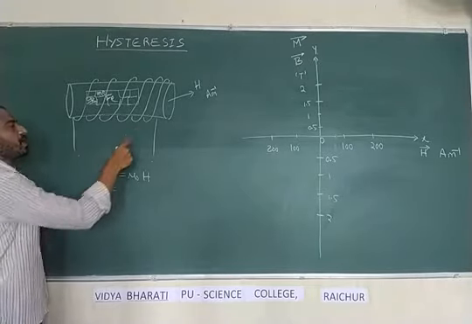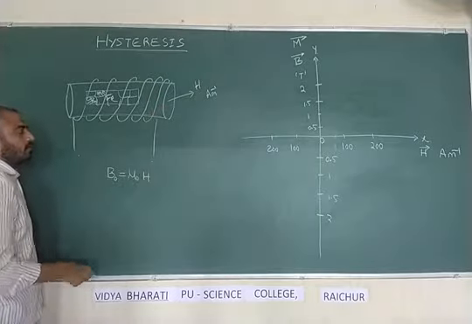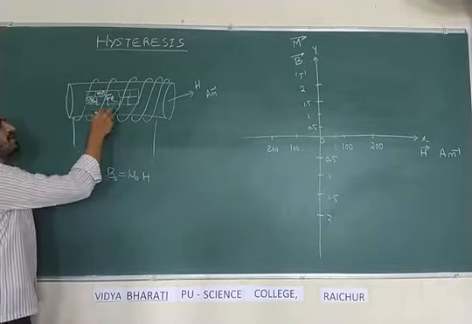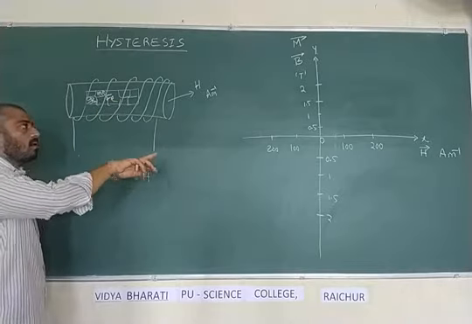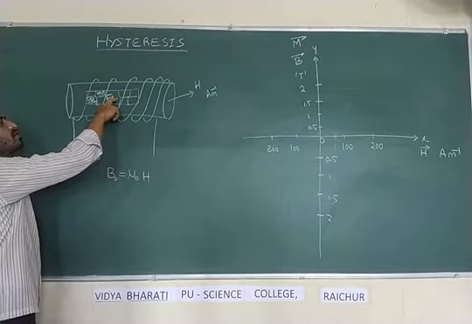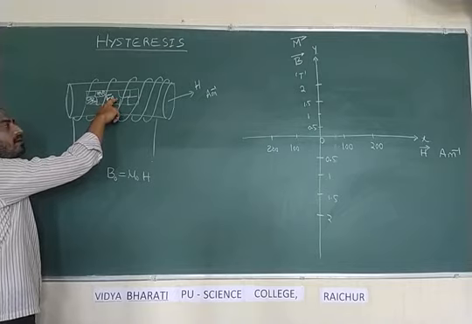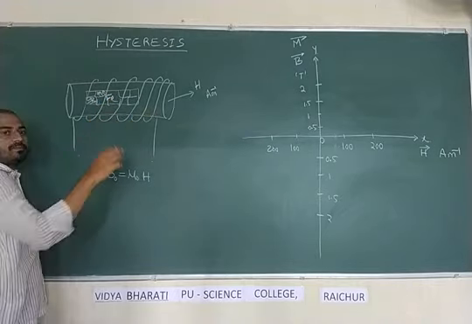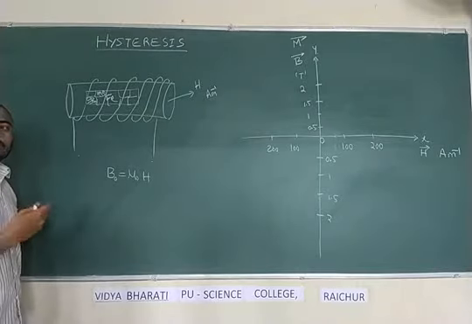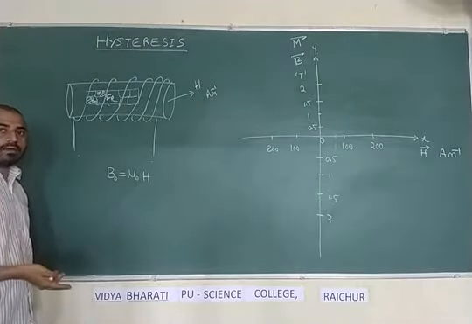This is the field established inside the solenoid, and this established field is making this iron also get converted into a magnet. Once this iron also starts getting converted into a magnet, it is also able to establish its own field, because slowly it is also becoming a magnet.